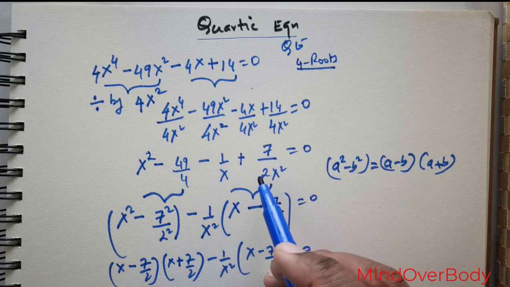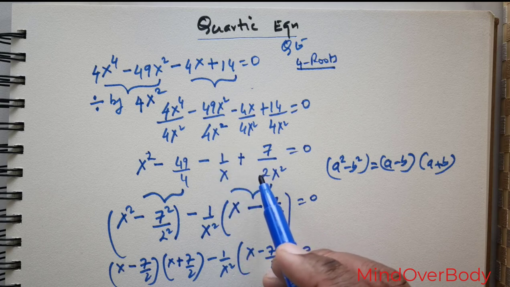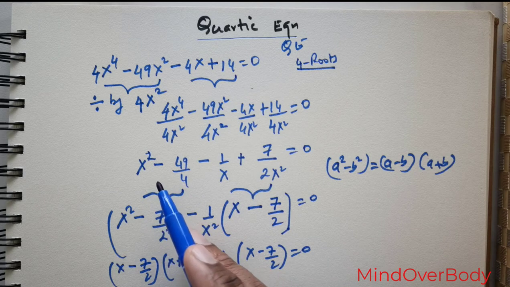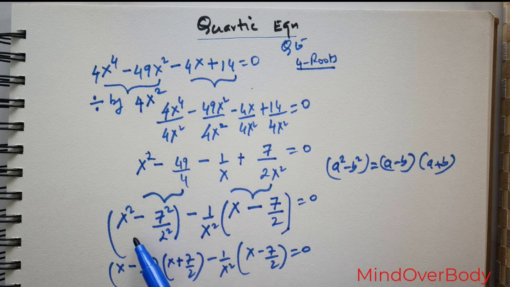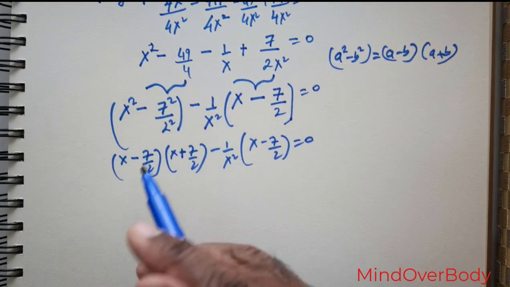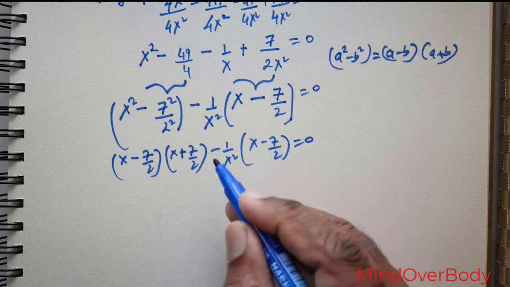For the second couple, I take -1/x^2 out, which results in x - 7/2. For the first two terms, I write x^2 - 7^2/2^2, applying a^2 - b^2, and thereby write it as (x - 7/2)(x + 7/2).